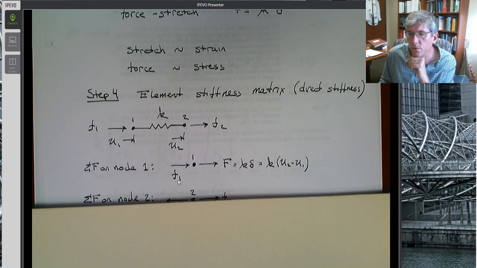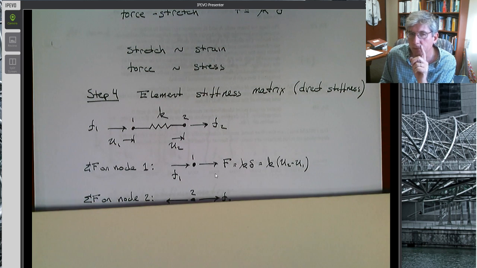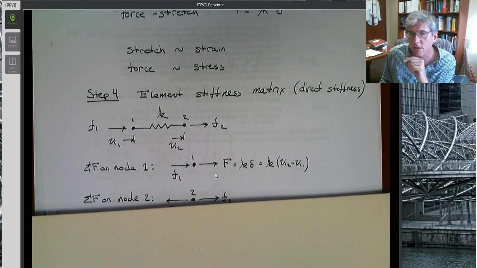So the external forces act positive with respect to the axis, positive x or positive y. The internal forces have a positive sense such that their stress is positive, right? If it's in tension, it should be a positive force or stress. If it's in compression, it should be negative, right? So that's exactly the way we've drawn it here.